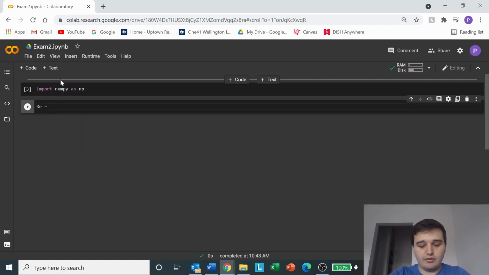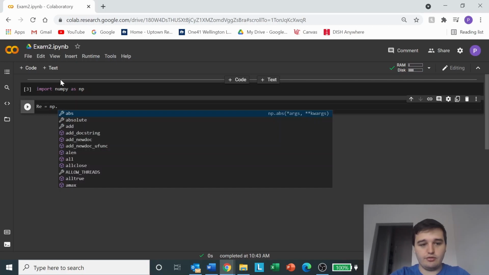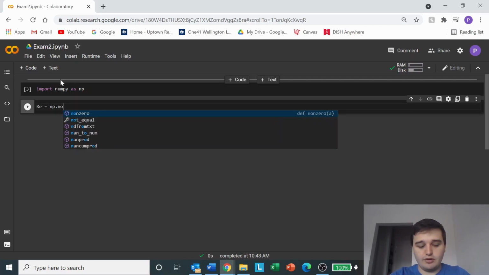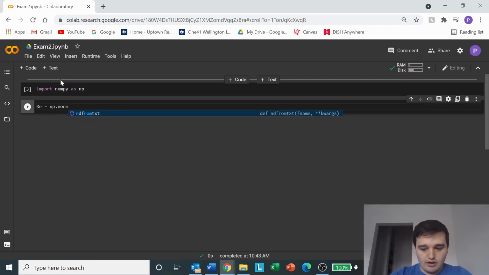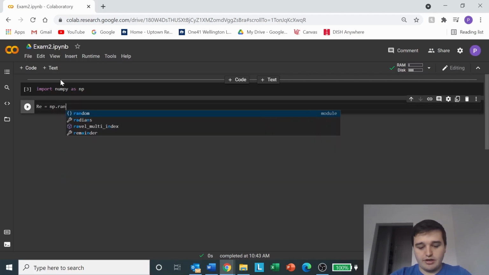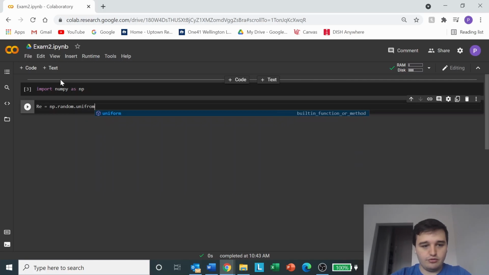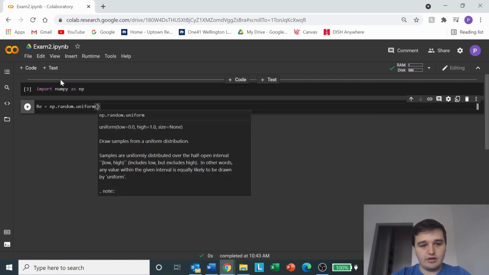So we're going into the np catalog for the Reynolds number, and we want np.random because we want random numbers, and we want a uniform distribution so that every number within the random number calculated has equal chance of being drawn.